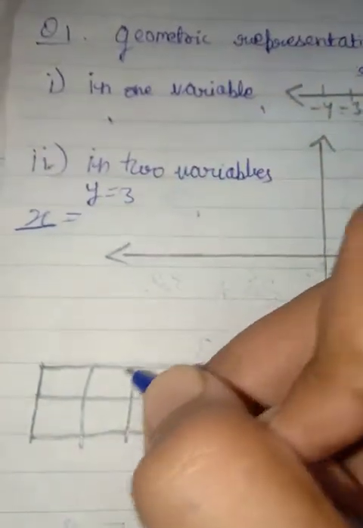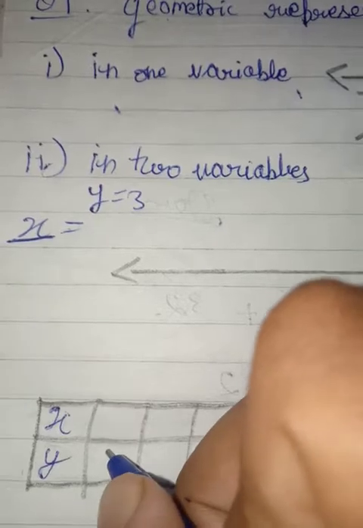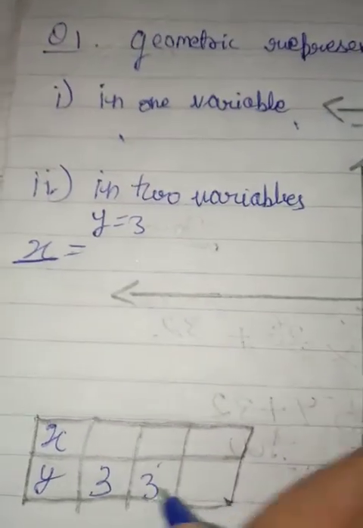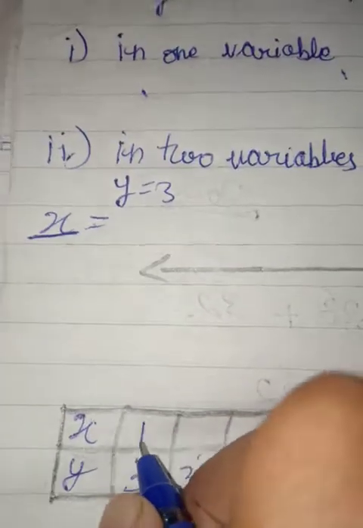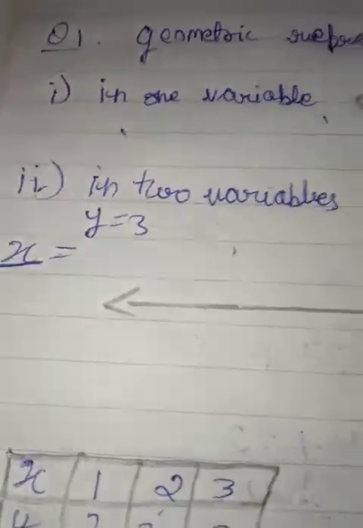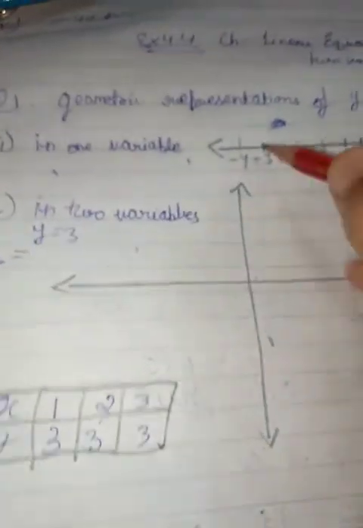So now the first solution, we can take any. This is x and this is y. So y is 3, so we will take 3 here, and here we can take any, so 1, 2, 3. Now we will plot them on a graph.